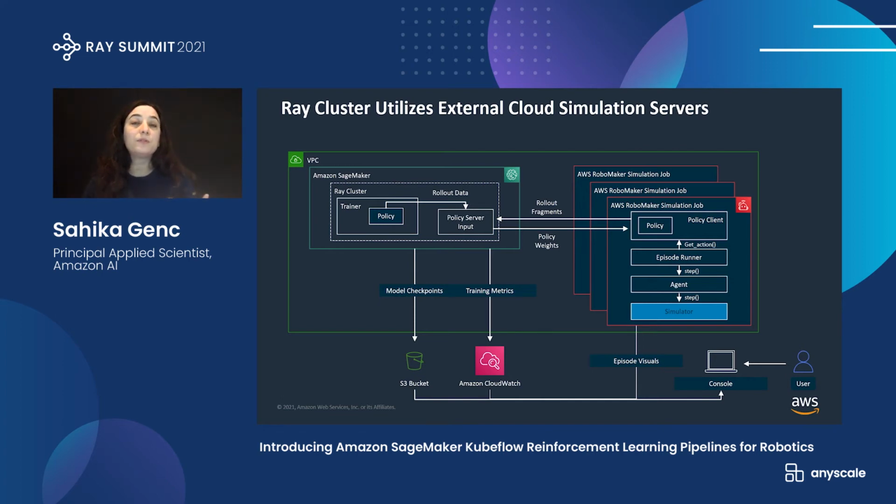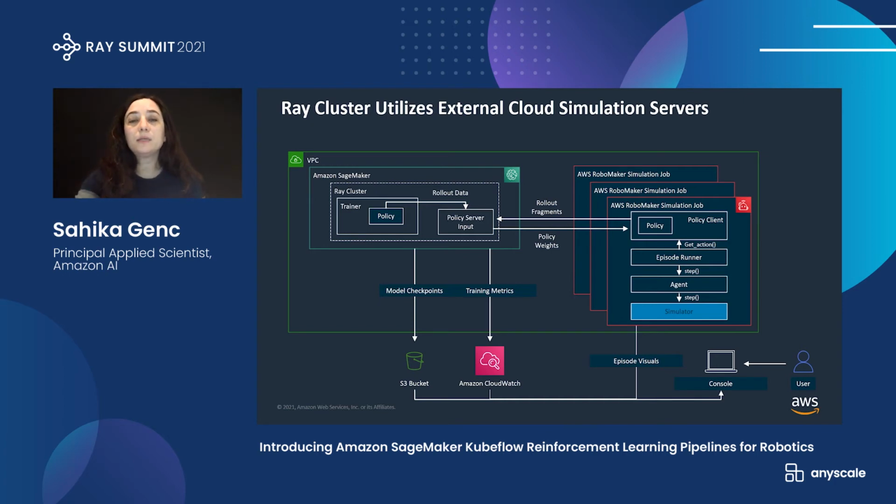And on top of that, we had the Kubeflow pipelines that orchestrated SageMaker and RoboMaker. Hence, you can see this hierarchical architecture which takes the burden off the customer and operates the feedback cycle of reinforcement learning under the hood.